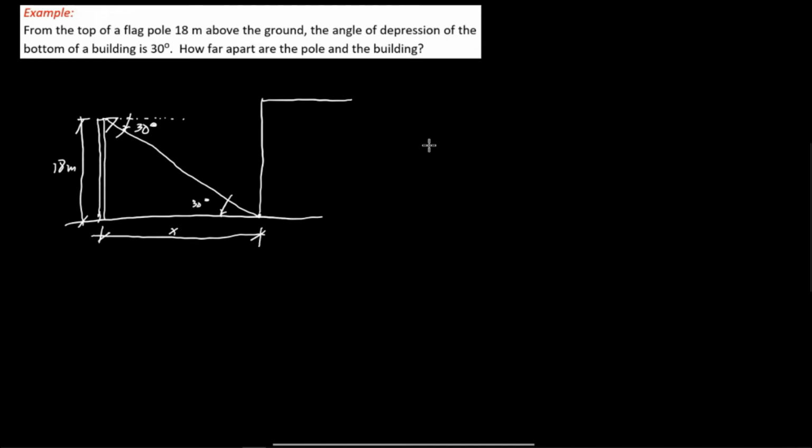Using SOHCAHTOA, sine theta is equal to opposite over hypotenuse, cosine theta is adjacent over hypotenuse, and tangent theta is opposite over adjacent.